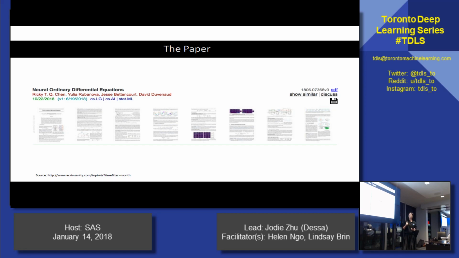I want to introduce this paper, and go into some detail about how the neural network works with the neural differential equation, and what the applications of using the ODE are. By the way, this paper was written by the team from Professor Duvenaud at U of T. They are doing a great job in the theory, so I do recommend you take a deep dive after the talk tonight.